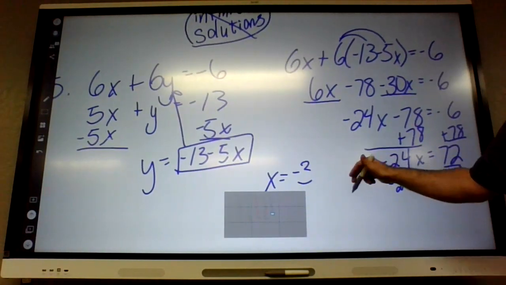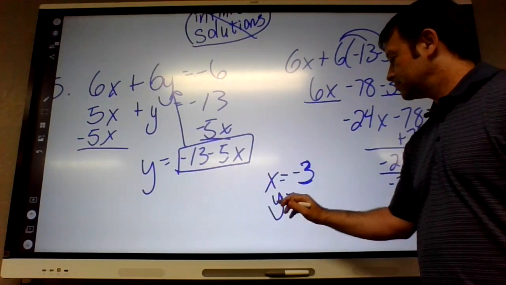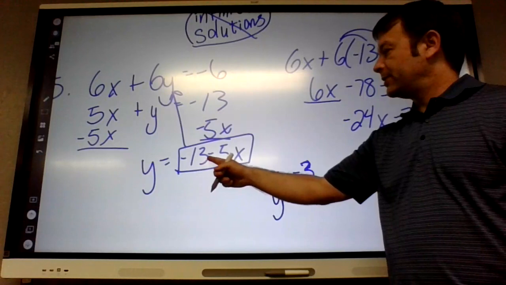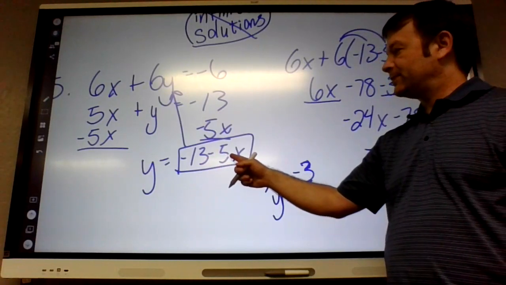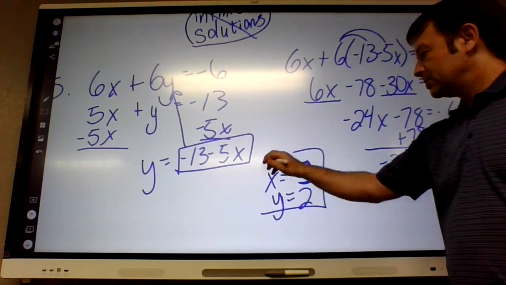Okay, if I put negative 3 right there, negative 3 times negative 5 is 15. Negative 13 plus 15 is 2.